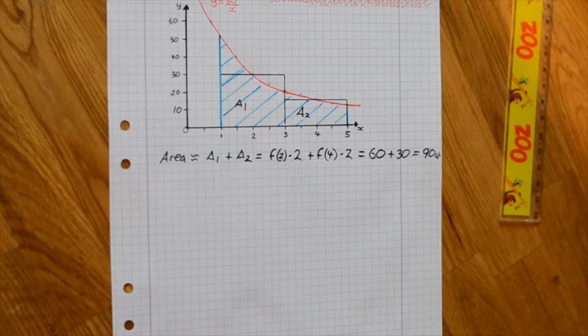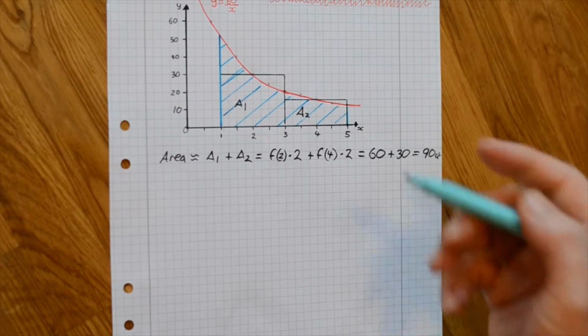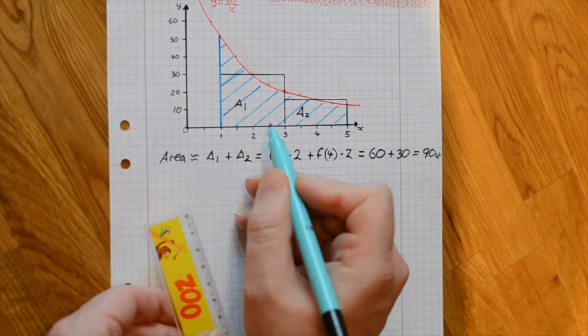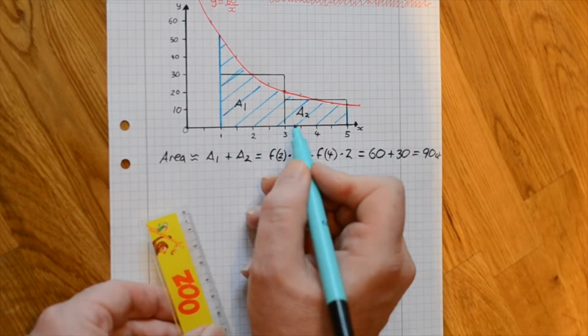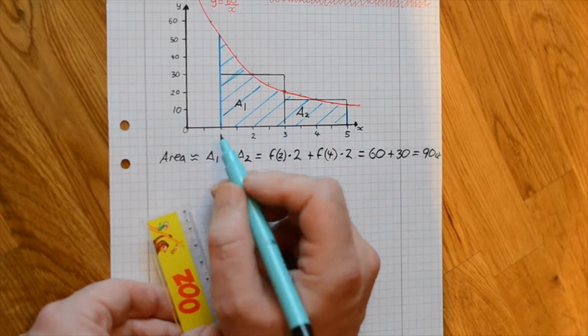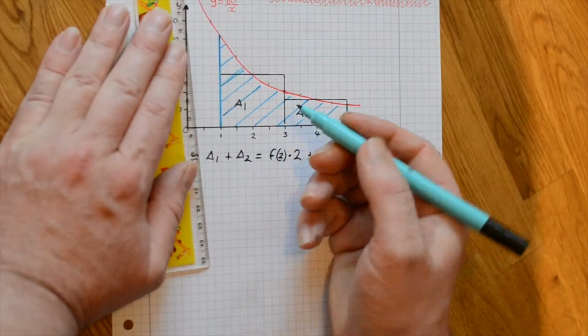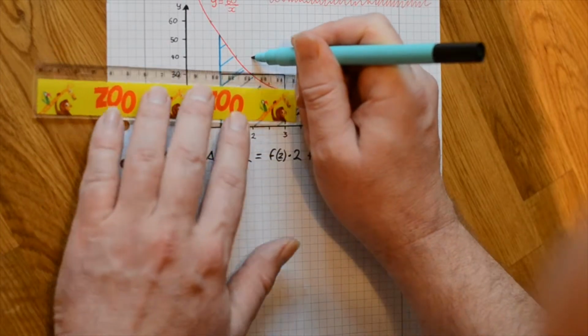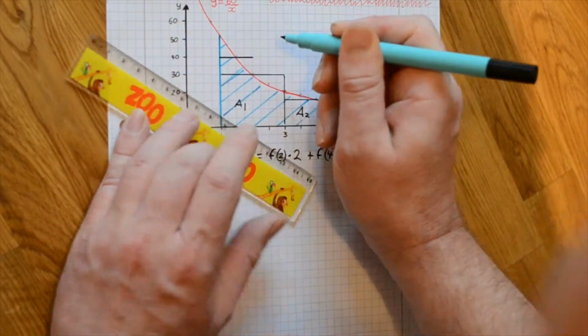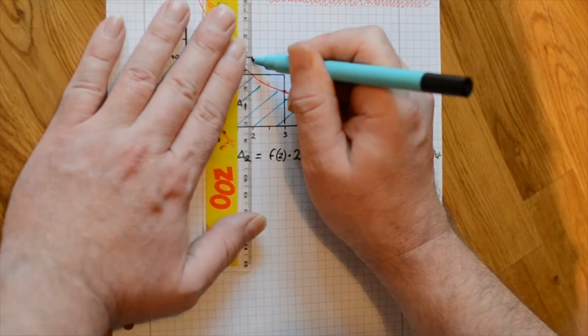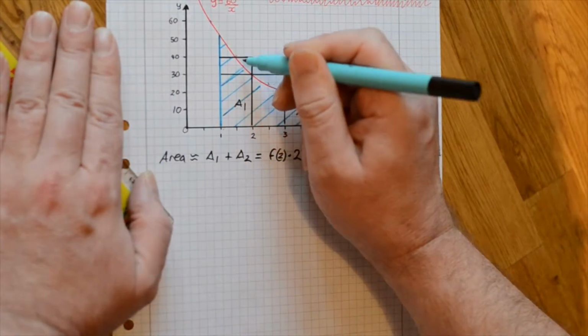Now, if we want to make this more accurate, we're going to need to make more calculations. To make it more accurate, we can reduce the size of the change in x. Here we had a change in x equal to 2. If we use a change in x equal to 1, we're going to be coming up to this point here, and then taking the area of this tall rectangle there.